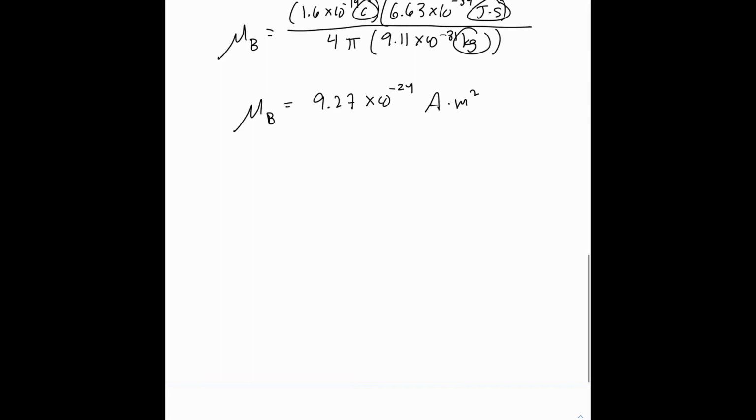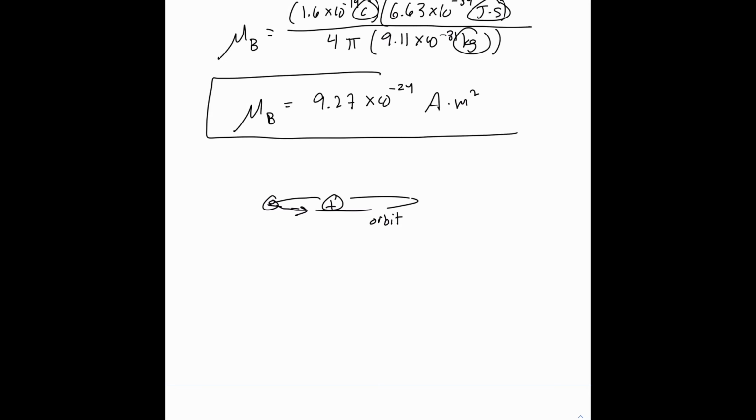Now, one last thing about the magnetism associated with the orbit of an electron. There's the nucleus. There's the electron. It's orbiting in a circular path, and so it has this orbital velocity that's tangent to its path. And indeed, this value of the Bohr magneton is a value we calculated based on the orbital angular momentum, but an electron also has a quantity known as spin.